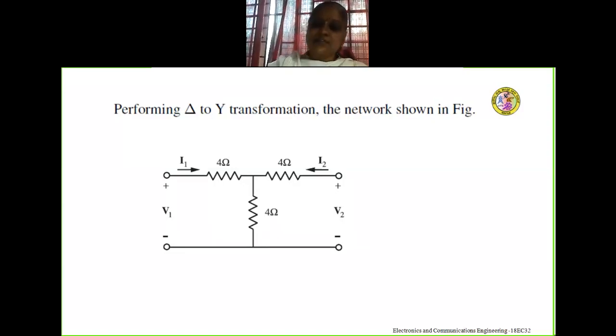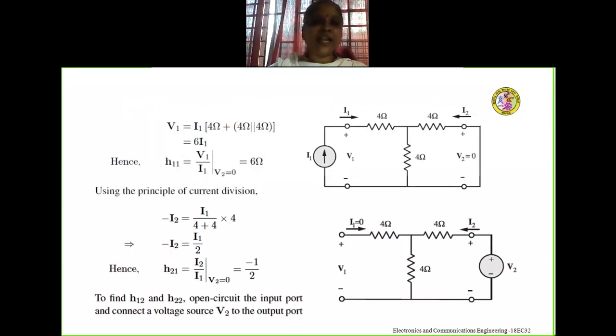So now let us find the H parameters for this network. We know that H11 is given by V1 by I1 when V2 is equal to 0, and H21 is the ratio of two currents, that is I2 by I1 when V2 is equal to 0.